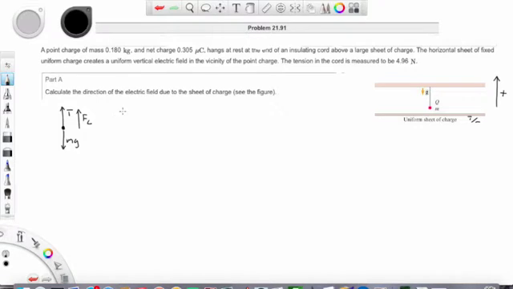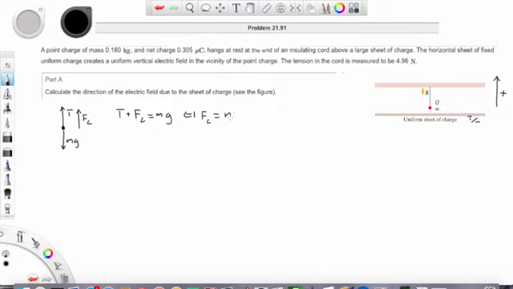If we balance this mass, it means that the forces have to cancel each other. So we have the tension force plus the Coulomb force must equal the gravity. And we want to solve for the Coulomb force, because from that we can tell which direction the electric field is pointed.